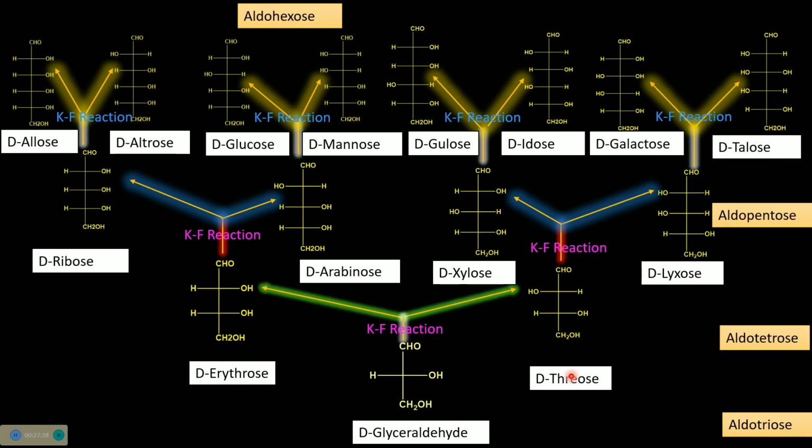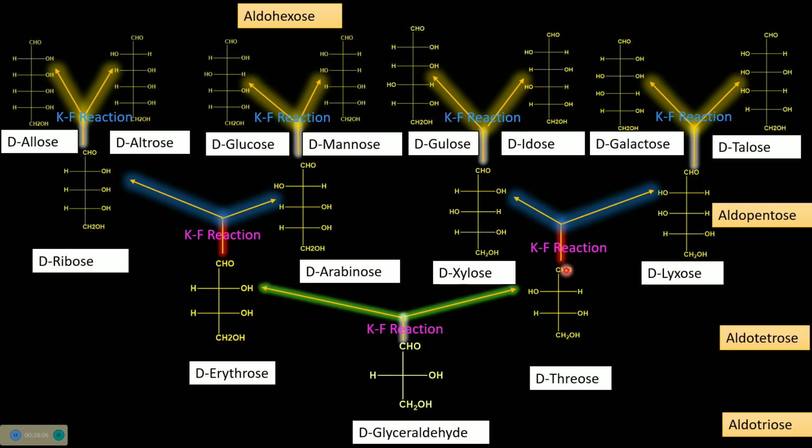The same thing is applicable to D-threose. Now you can easily draw the structure. D-threose, an aldotetrose, upon Kiliani-Fischer reaction will give aldopentoses, and we will get two products. In the two products, from the bottom side, one should be D, one should be L. So see, in the product there should be 5 carbons in total.